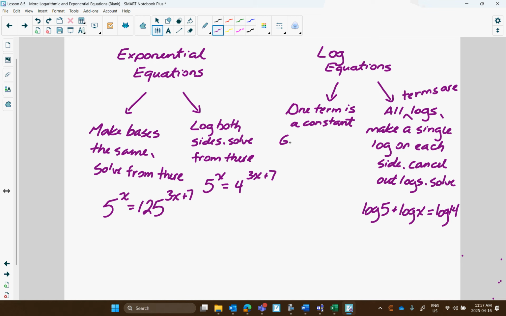For this, get the constant by itself on one side, same thing, the logs on one side, change to exponent form, and solve from there.